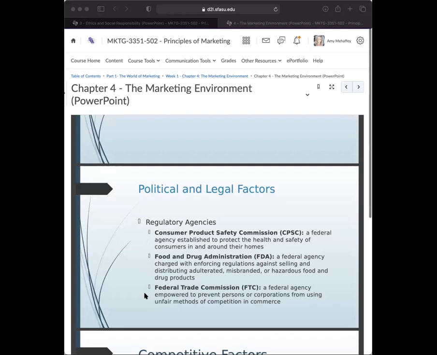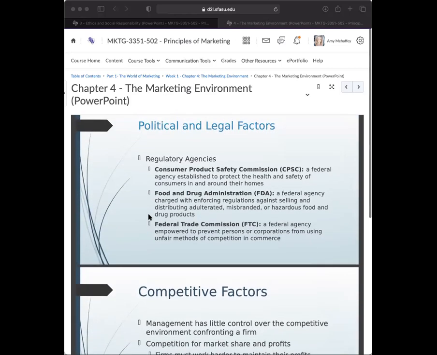They are there to protect certain industries. So the Food and Drug Administration, that's one you hear a lot about. If you sell vitamins and your product is now going to be regulated by the FDA, you have a whole new set of processes and a whole new set of information that you have to understand in order to sell your product. These are all, once again, external factors that make up this marketing environment.